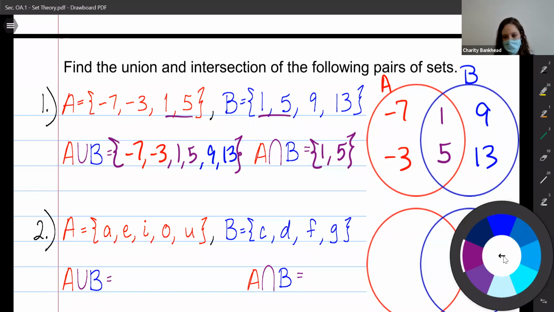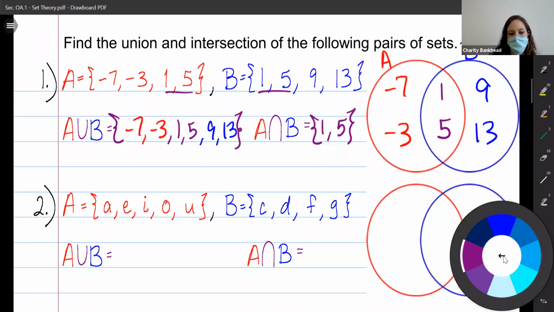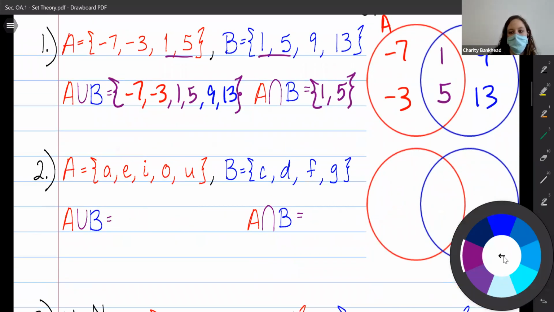And the intersection just contains 1 and 5. All right, any questions about that? All right, number 2.